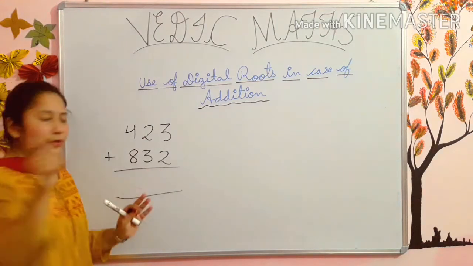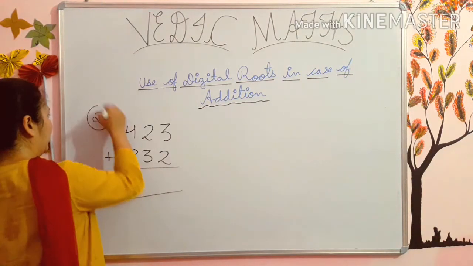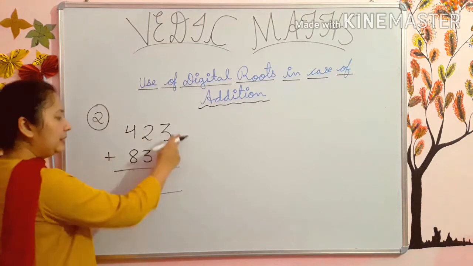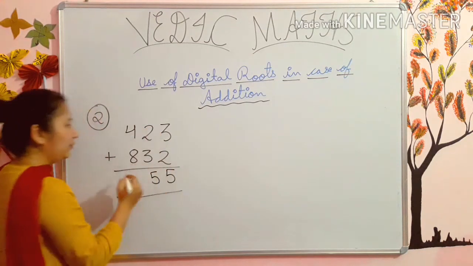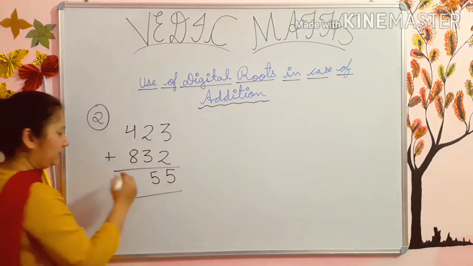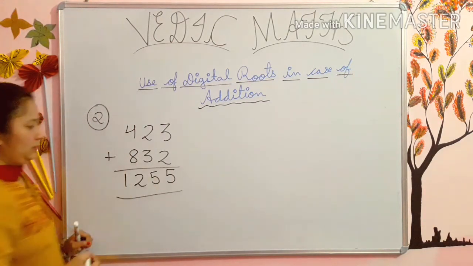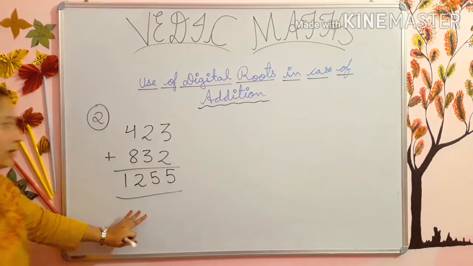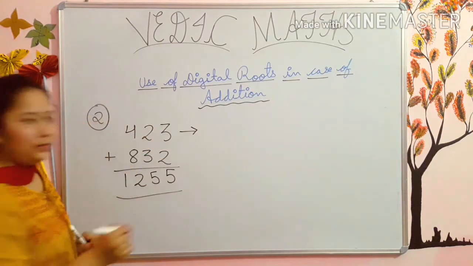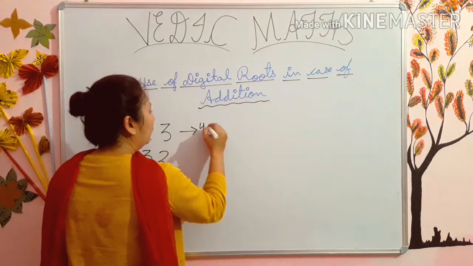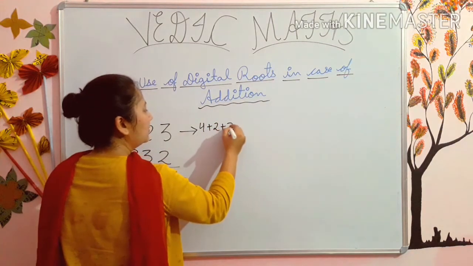Now, first of all, add 3 plus 2, 5, 3 plus 2, 5, 8 plus 4, 12. See now. Now, find out the digital root of your first number. That is 4 plus 2 plus 3.